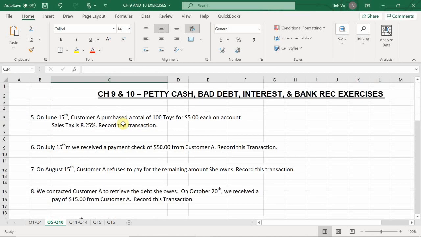Then number 6 says that on July 15, we received a payment check of $50 from customer A. Record this transaction.